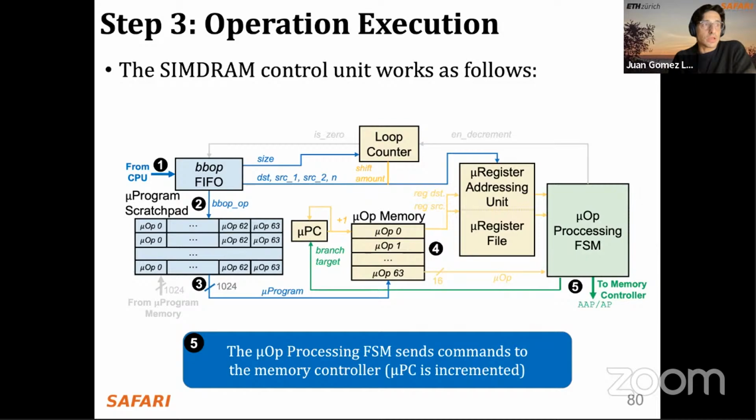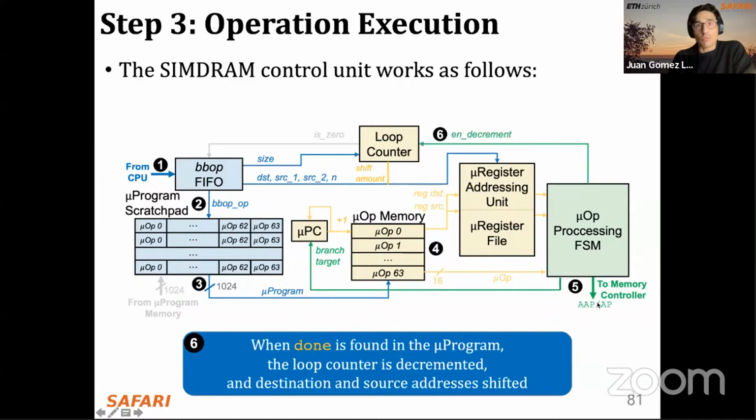We have the micro processing FSM, finite state machine, that is checking what's the next micro operation to execute and sending that information to the memory controller for the memory controller to issue the corresponding commands.